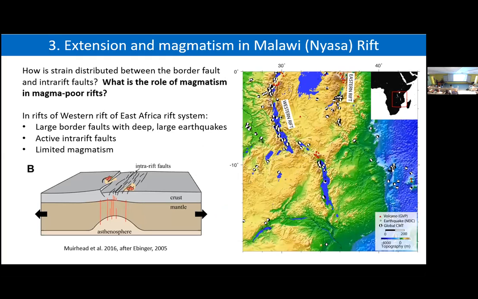And then the second part of this multi-scale controls I wanted to highlight is the role of magmatism in magma-poor rifts. So the most southern volcanism in the East Africa rift system is just north of the Malawi rift in the circled area. And we're going to look at a profile across that northern part of the rift.